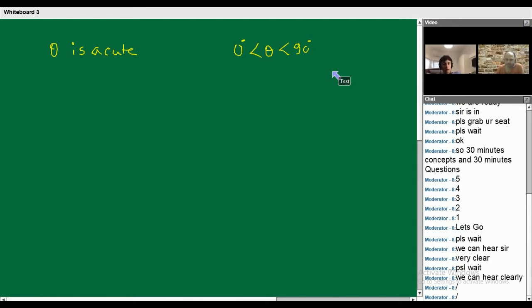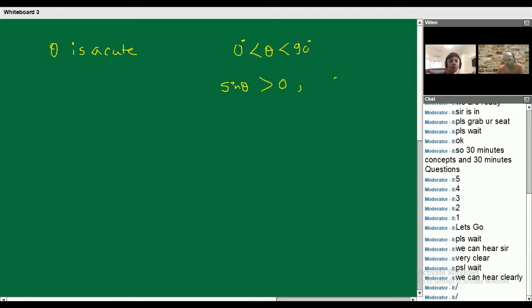So when theta is between 0 degrees and 90 degrees, what would be the value of sine theta? Will it be positive or negative? Less than 90, it will be positive. So sine theta is positive. True.